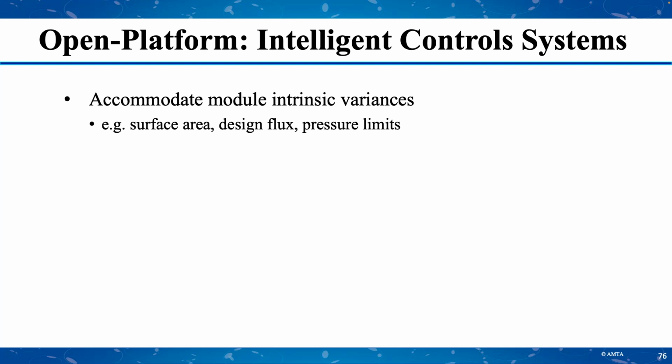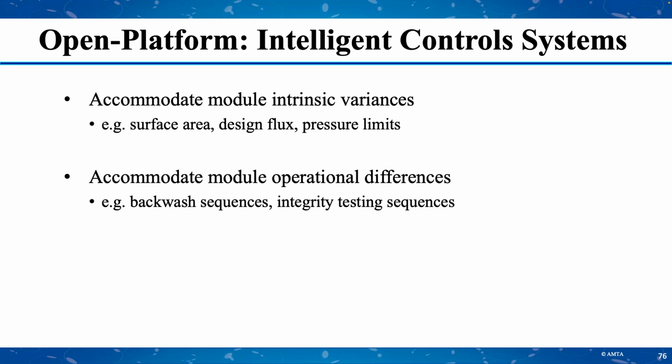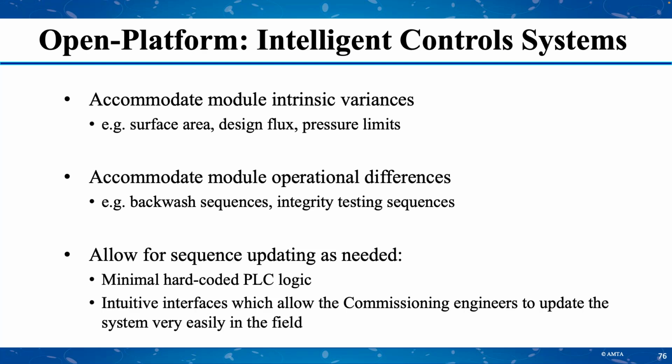Just touching on controls a little bit, as I think a couple of people have already mentioned, so we'll go through it fast, but our controls have also evolved over the years. These aren't often specified as closely as the hardware is, but our controls have definitely evolved to accommodate all the module intrinsic properties like surface area, flux, and pressure limits, and module operational differences, like differences in backwash and cleaning integrity sequences.